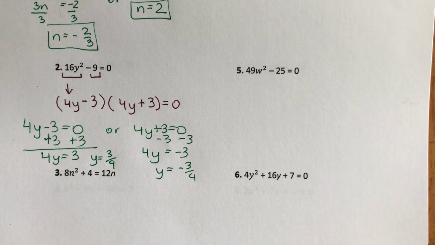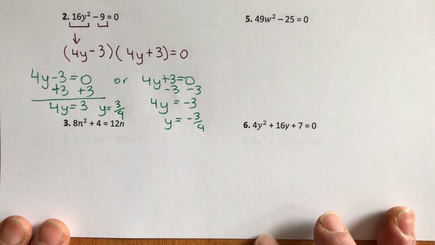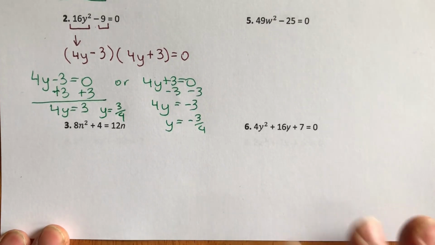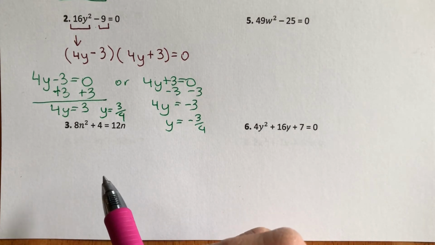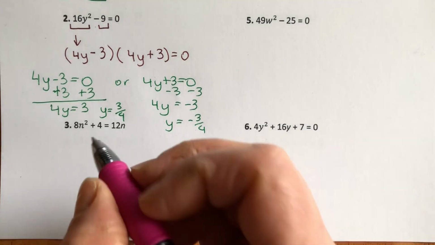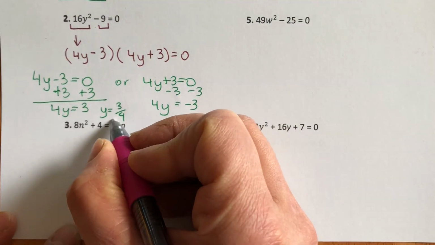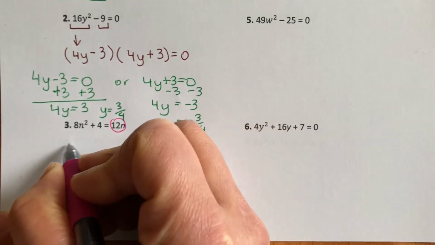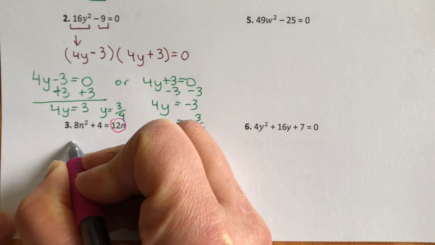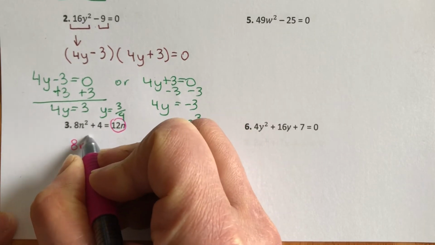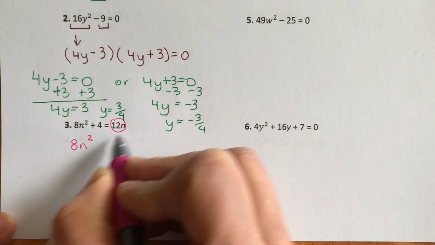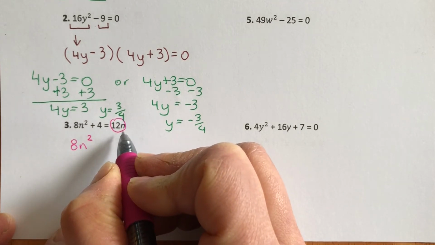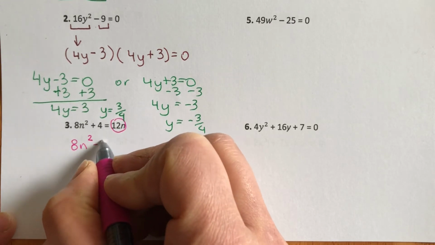Let's do one more, and then you will have some assignment for tomorrow. For this example, the first step says to move everything on one side and keep 0 on the other side. So I need to move this on the other side. This is positive, so I will subtract it, and I will not put it in a random spot. I see that this is squared, and then I see that this has the variable n, so I will put it right after that.